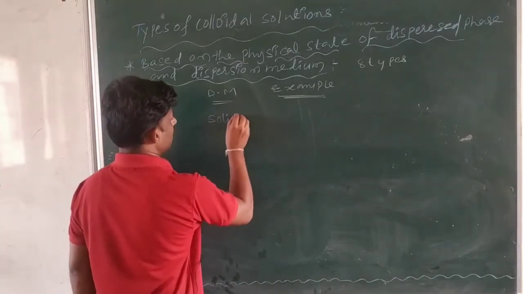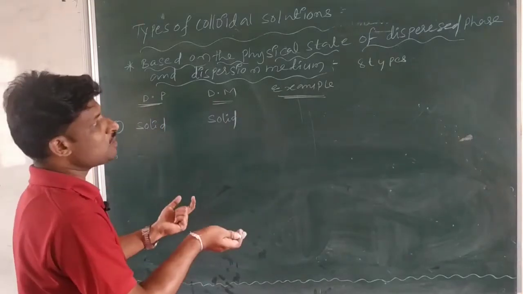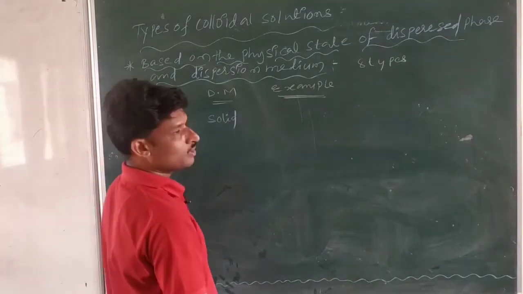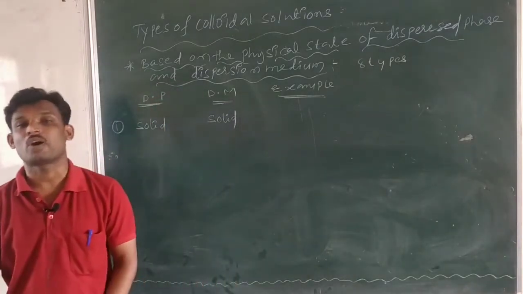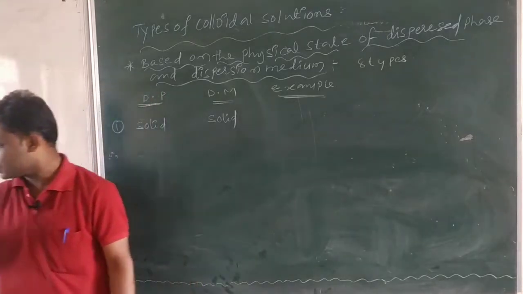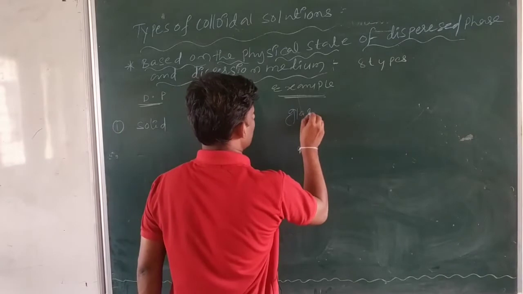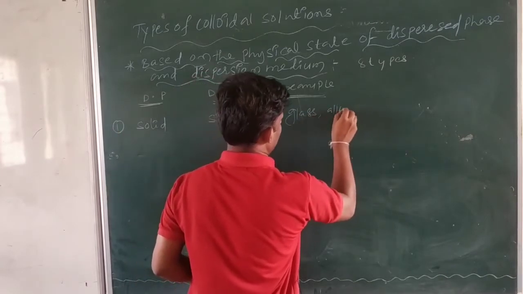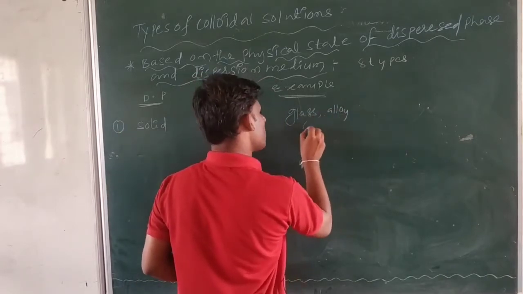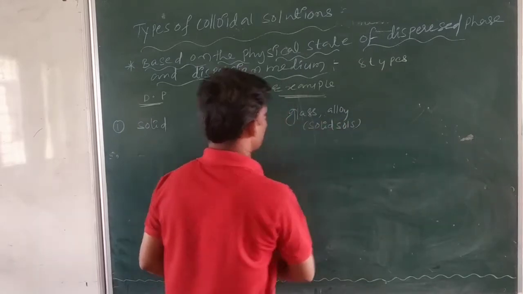Both are solid. In the dispersion medium, the dispersed phase is distributed. In this case the examples are all solid sols, for example glass and alloys. These are called solid sols.